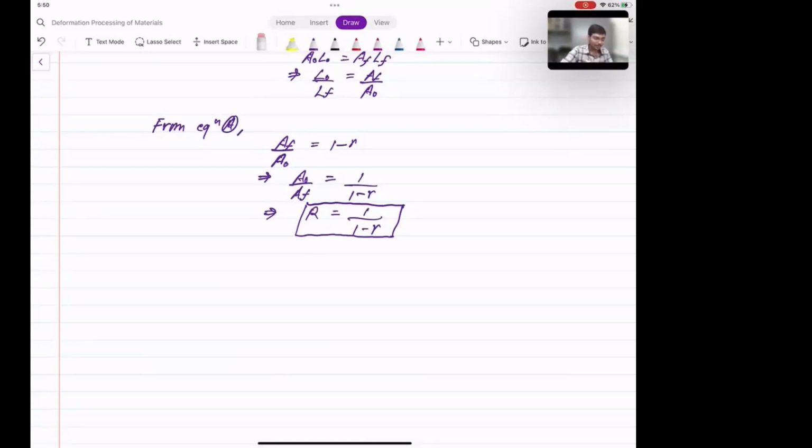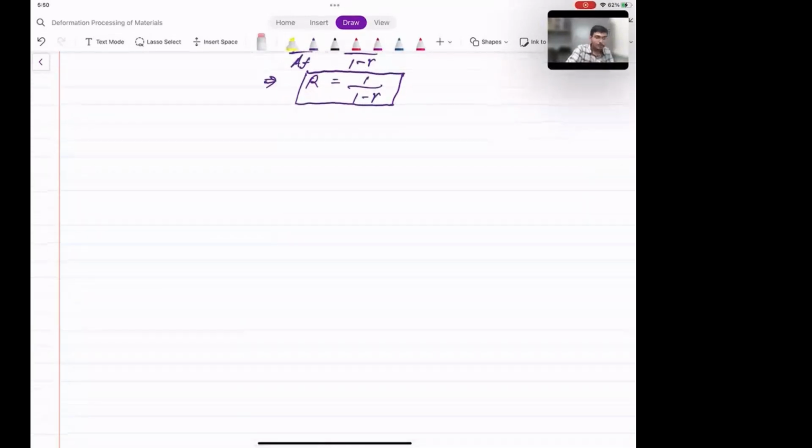So the true strain will be nothing but ln of final length to the initial length, because we know that true strain is nothing but ln of 1 plus e, which is engineering strain, and engineering strain is change in length by original length.